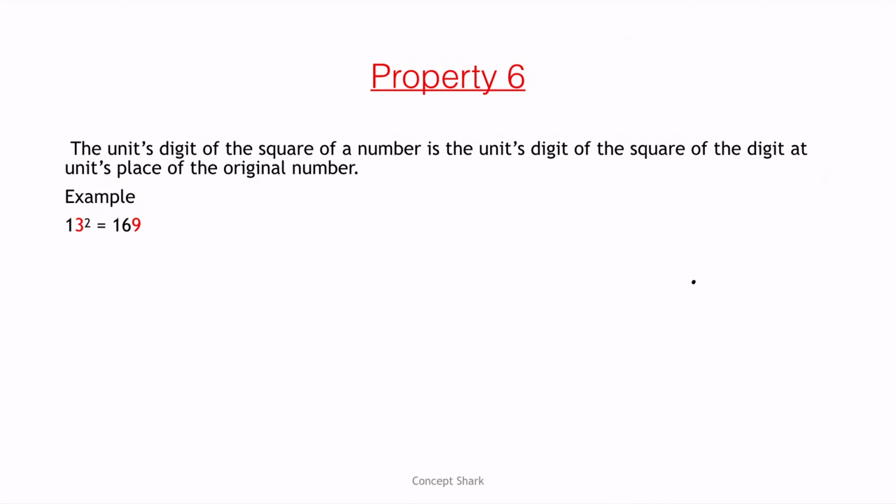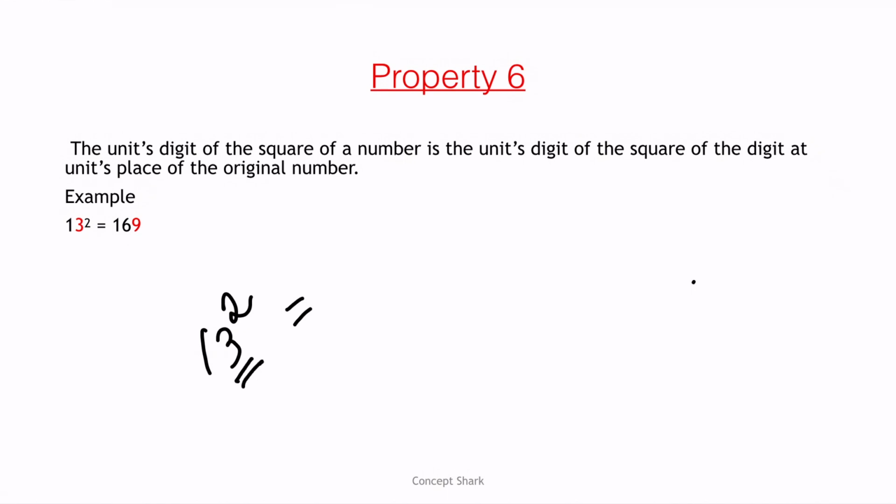Property number 6. The units digit of the square of a number is the units digit of the square of the digit at the units place of the original number. To explain this property, let's take an example. 13 square. What is the unit digit of this 13? That is 3.